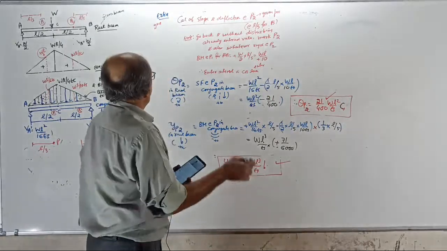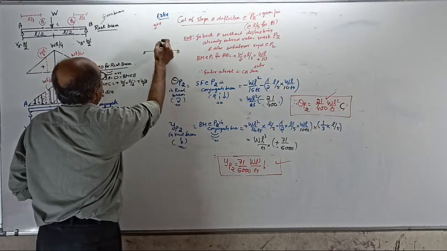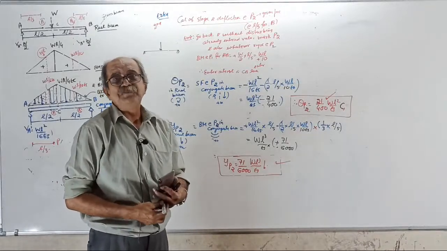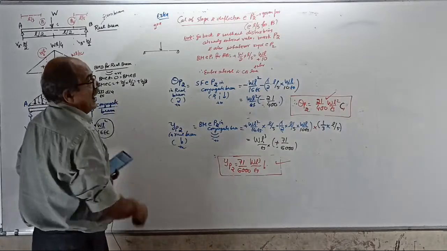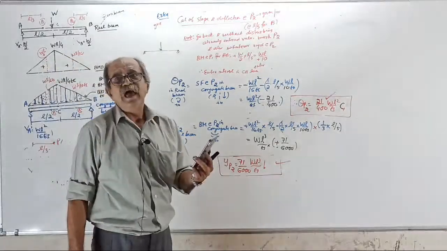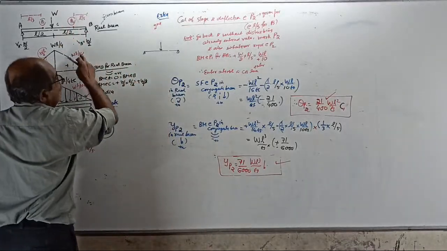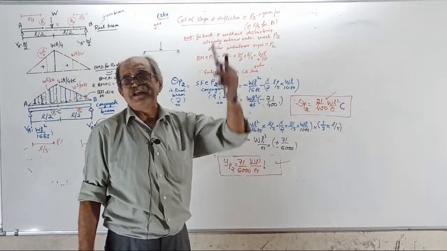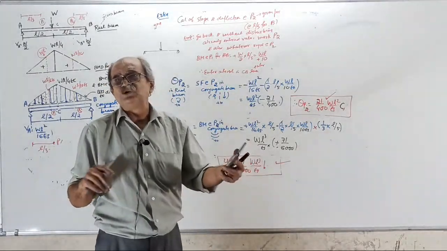Tomorrow in class I will go for a numerical problem. Same thing, but I will do one thing. Because it is a repetition, before the class I will write everything on the full board and only explain. Because once WL is clear, consider a beam of span 20 meters loaded by a 60 kN load at the center; find the maximum slope and deflection, and also the slope and deflection at 2 points.